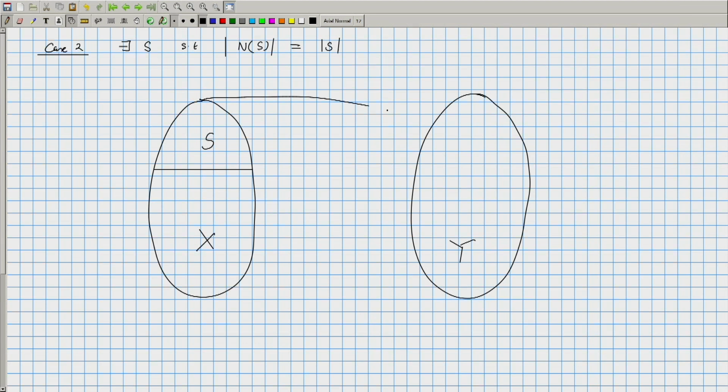Let us say this is mapped to this particular region, because this is the neighbors of S, and we have the size of S equal to the size of the neighbors of S. Now, there exists a proper subset, we are going to assume that S is a proper subset.